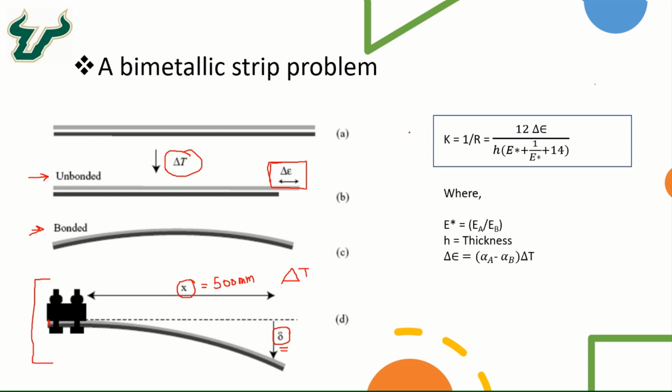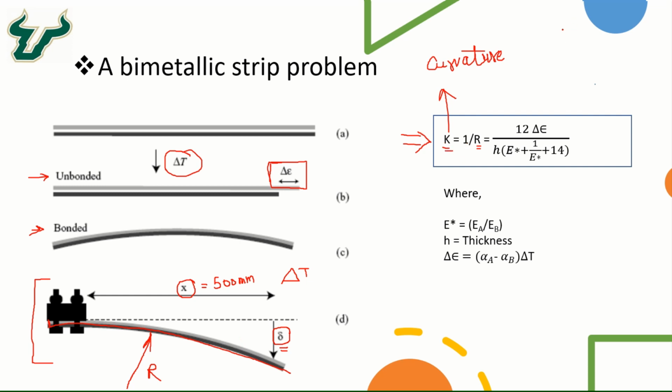Theoretically, this equation is used to find the curvature. K is basically the curvature, which is also given as the reciprocal of the radius of curvature. So if this is the radius r, the center is obviously somewhere down there, and 1 over r is given as k.